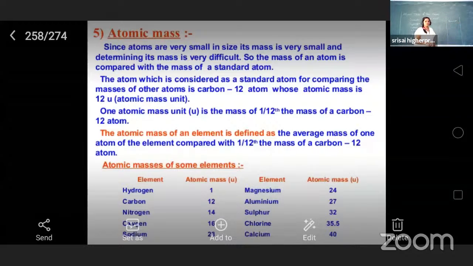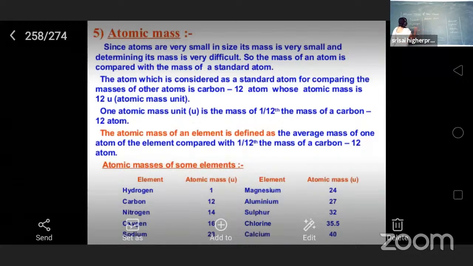Next, sulfur, chlorine, calcium, silver, argon. Okay. So I am taking only some of them, students. Many are there, but I am taking some elements.